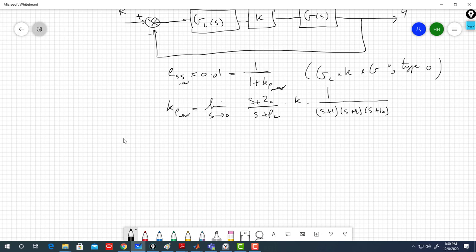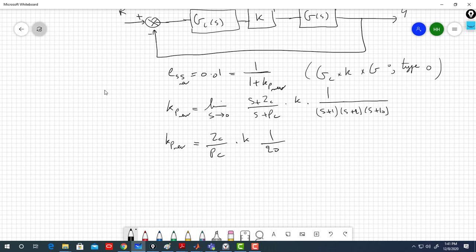Then it equals ZC over PC times K times 1 over 20, equal to Kp new.